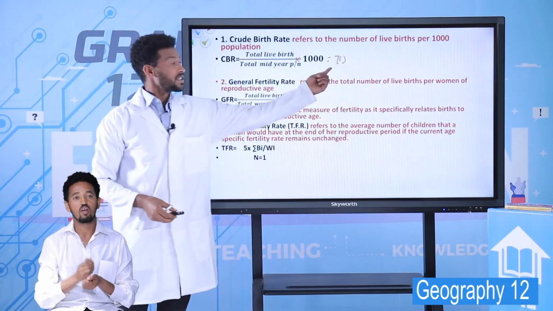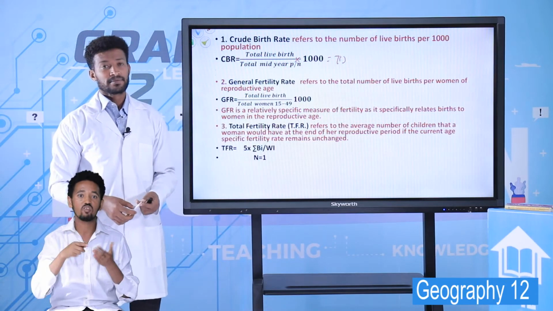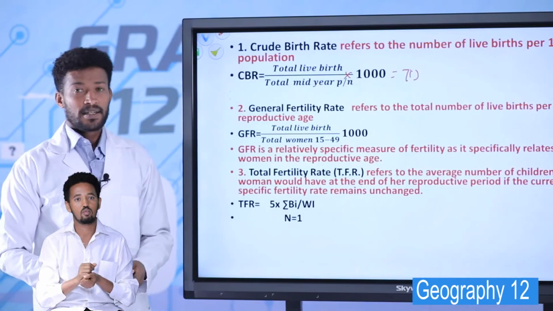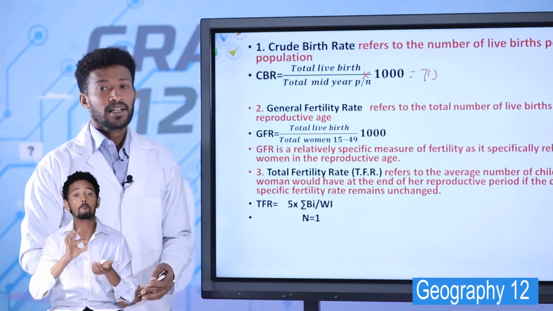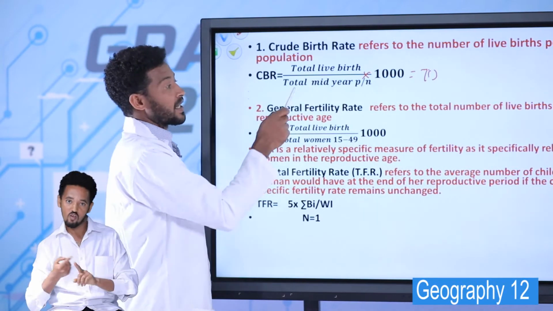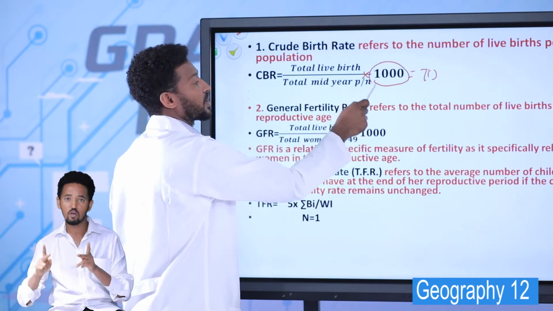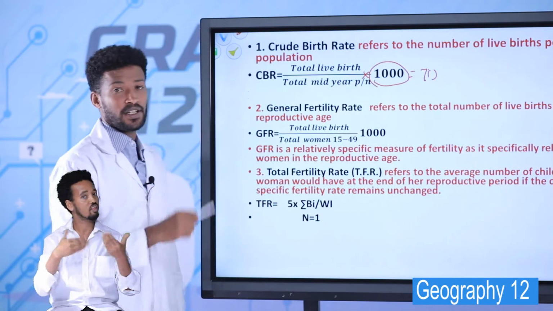If you get 70, what is the meaning of this 70? 70 means the number of births that occurred from a total population of 1000 in a given year.